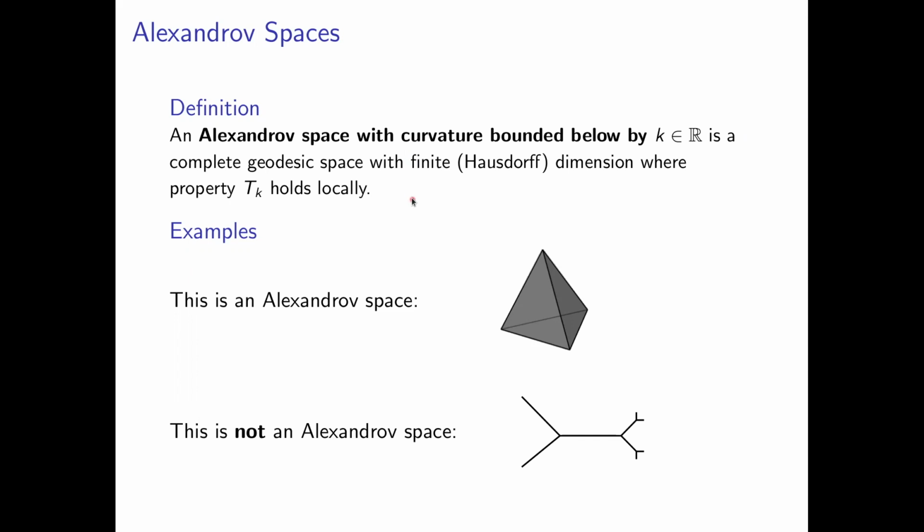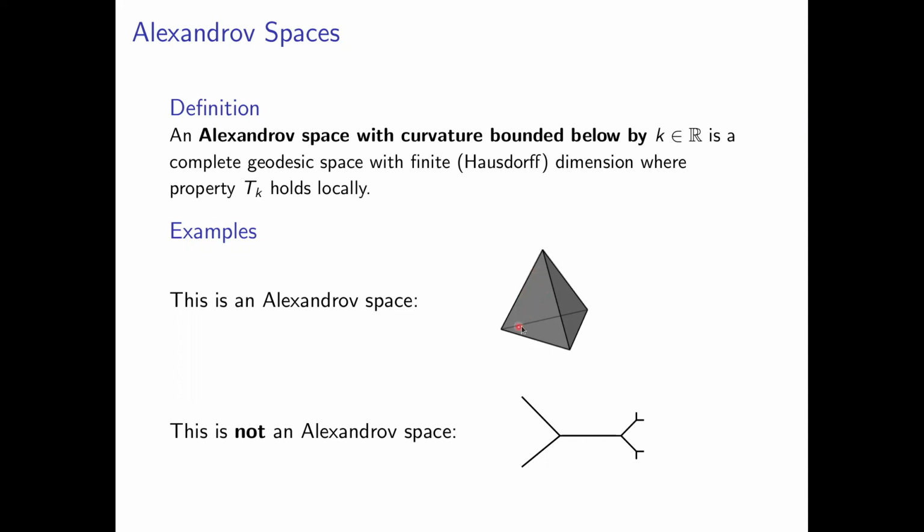Those are Alexandrov spaces. Examples of Alexandrov spaces are boundaries of convex bodies in R3. For example, this tetrahedron is an Alexandrov space. If you try to check this property Tk, it will satisfy T0, so it has curvature greater than or equal to 0.